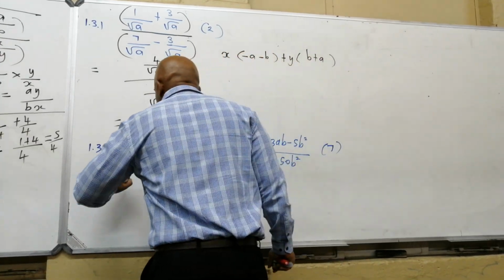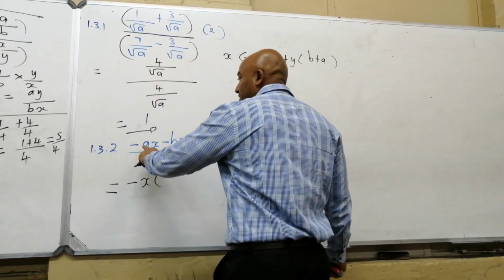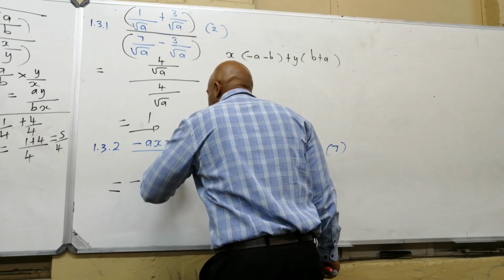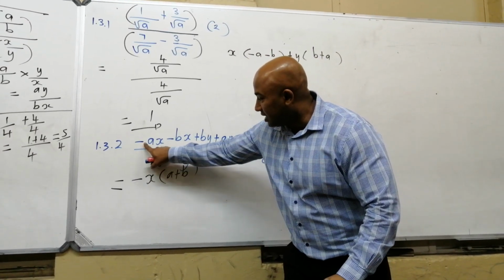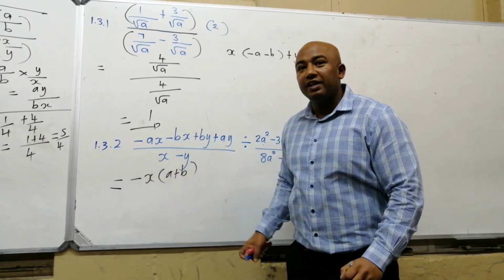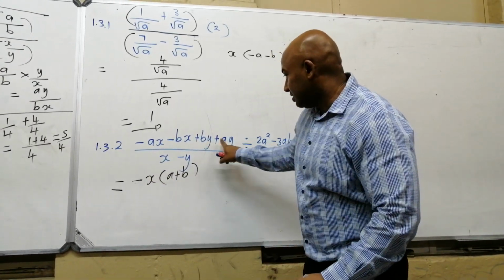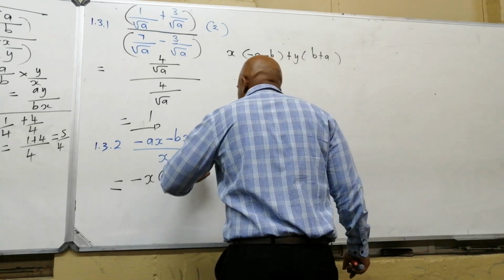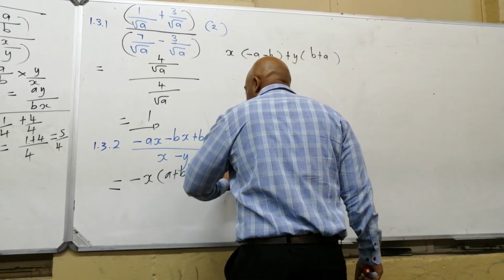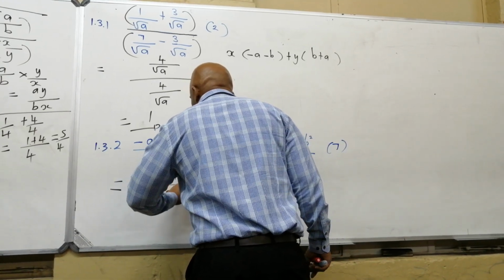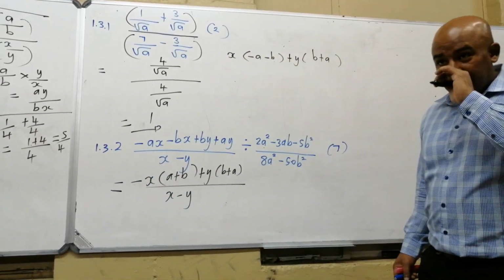So now you take out minus x, so what are you left with? A plus b. Check, negative times positive is negative, negative times positive, negative again. Here, obviously I'm going to take out y, so I'm left with b plus a, all divided by x minus y.